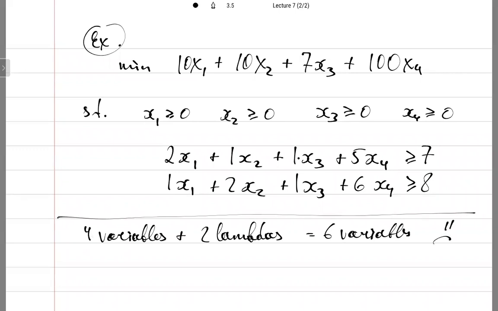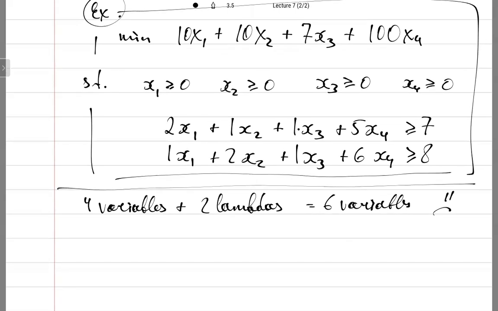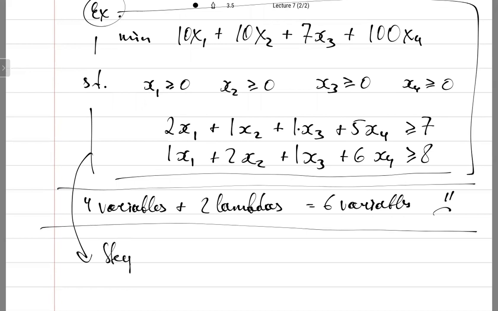I'm scared. So I will not do it like that. I see that this is a minimization problem in standard form, and I will create a dual problem. So I will use the graphical approach, but I will go to the dual problem. So step 1, I will go to the dual problem.